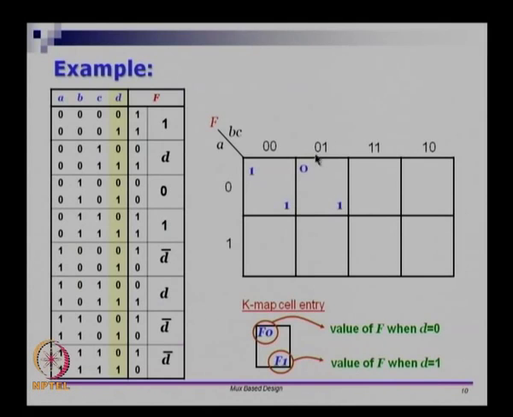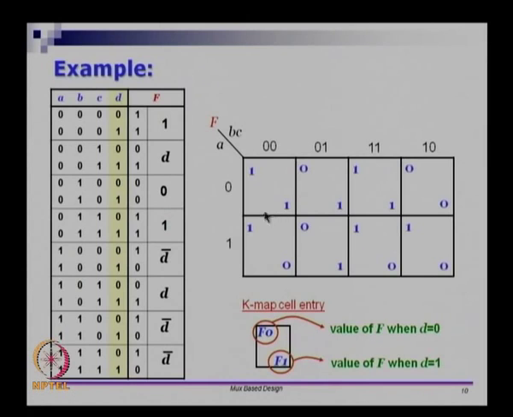When A is 0, B is 0 and C is 1, it is 0 and 1, I put that in the diagonal here. Then for 1 0, it is 0 0, so I put that in the diagonal here, and for A equal to 0, B equal to 1 and C equal to 1, I take 1 1 here and put that in the diagonal. I can do that for all the other cells also.